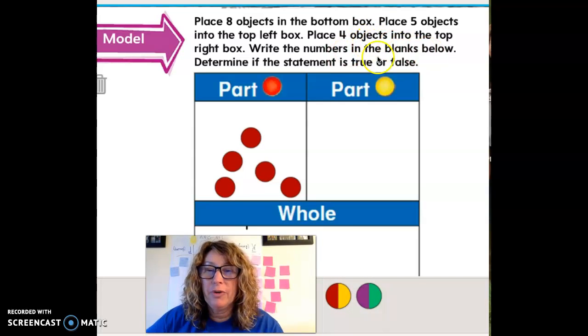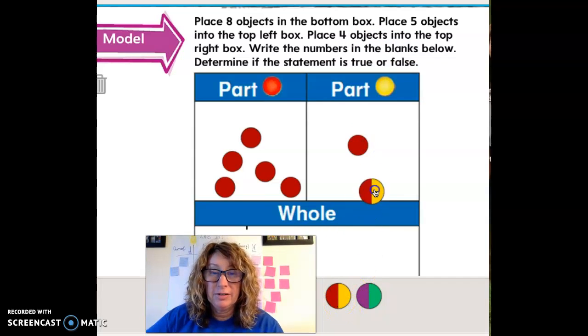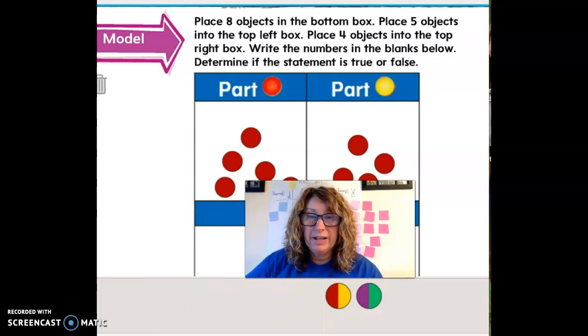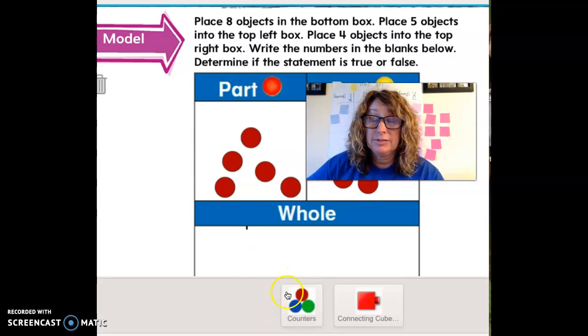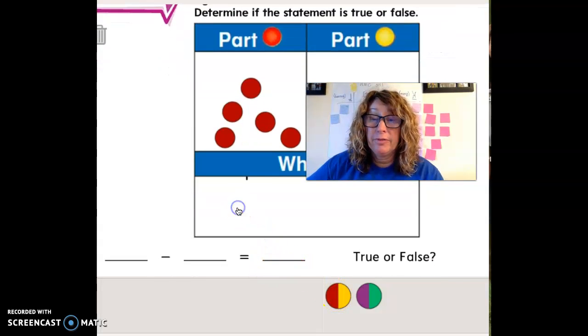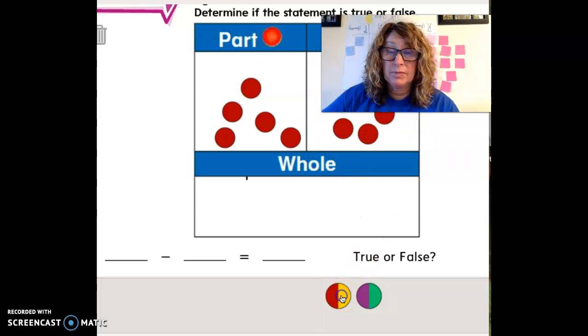Okay, and now I need to put 4 in this box. 1, 2, 3, 4. Okay, and now I need to put 8 down here in the whole. We're going to pretend there's 8 there, okay?